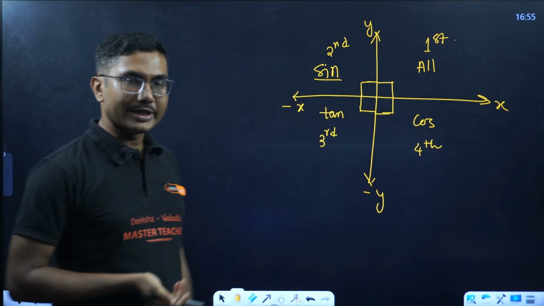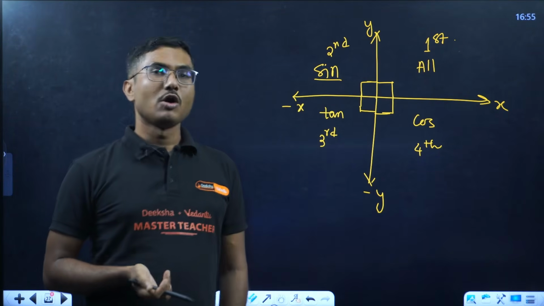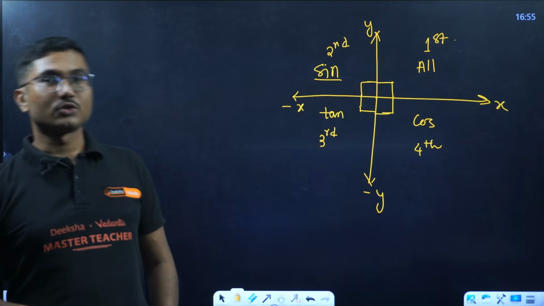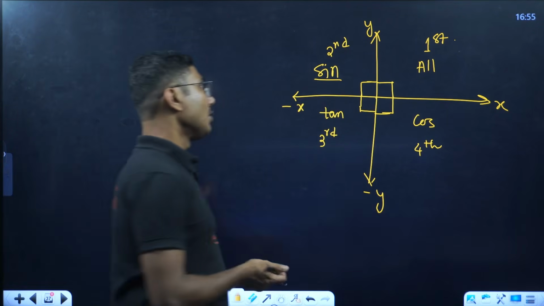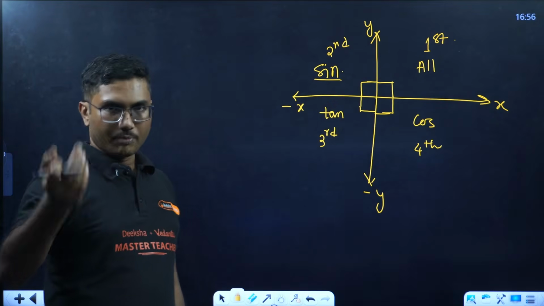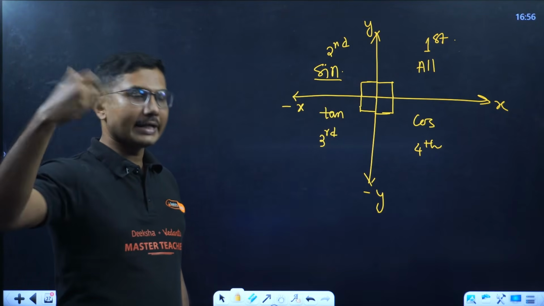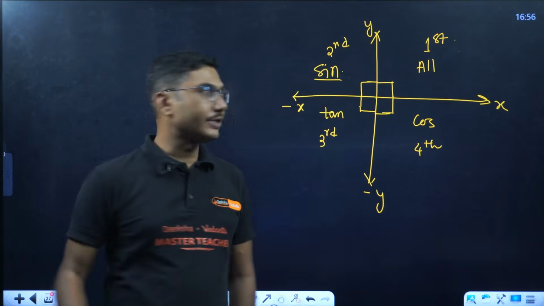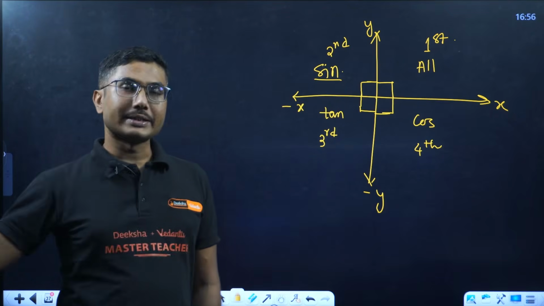So sine 120 is positive, sine 150 is positive. Cos 120 and cos 160 are not positive. That is a super important point that you need to remember. In the second quadrant, only sine and cosec are positive. In the third quadrant, tan and cot are positive. In the fourth quadrant, cos and sec are positive.